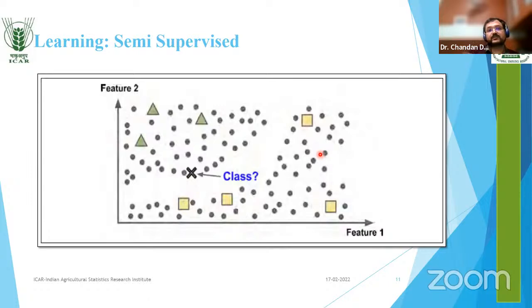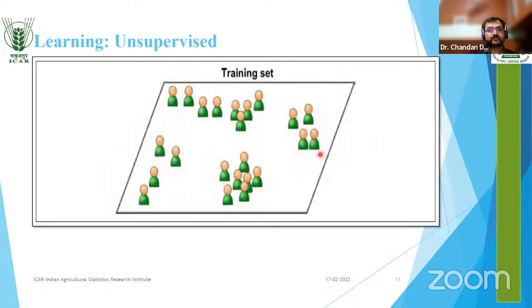Suppose we have 100 photos of a particular friend, and from those 100, 10 photos are already tagged. That means the label is done for 10 photos and 90 photos are untagged. That means it is some sort of semi-supervised learning, so that whenever a new instance comes to your system, the machine is capable of automatically identifying the images. That kind of thing belongs to semi-supervised learning.